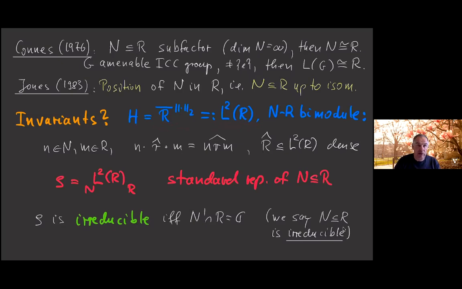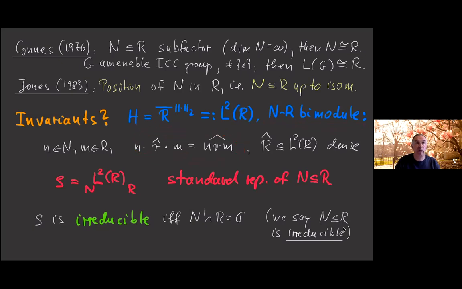And it turns out that this Hilbert space is not just a left R module or left N module, right? N and R don't just act by left multiplication, but it's actually an N-R bimodule, because N acts by left multiplication and R acts by right multiplication on L2 of R, in this very trivial way.